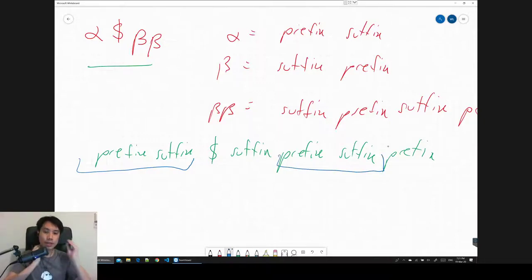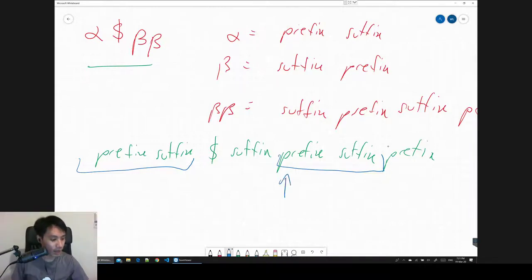So it's a very simple process. You take beta, duplicate it, concatenate it to alpha and dollar, and run your Z algorithm, which is in O(n).